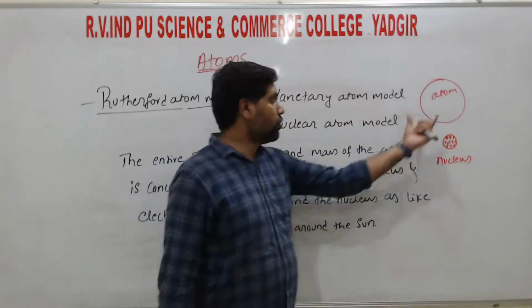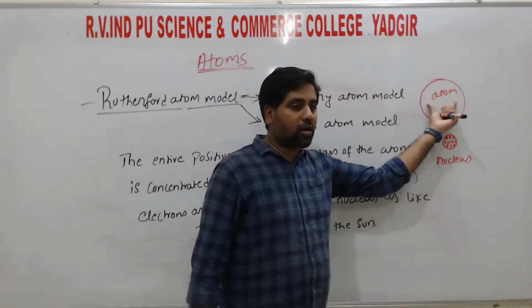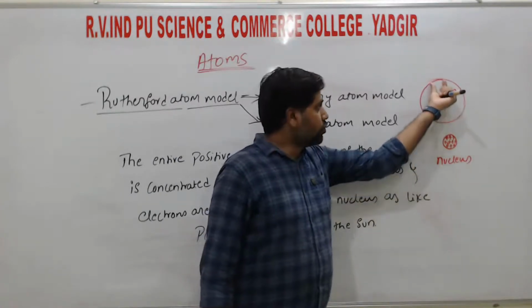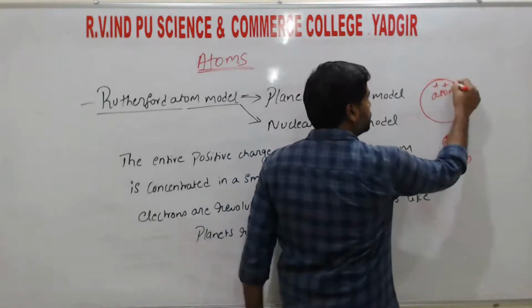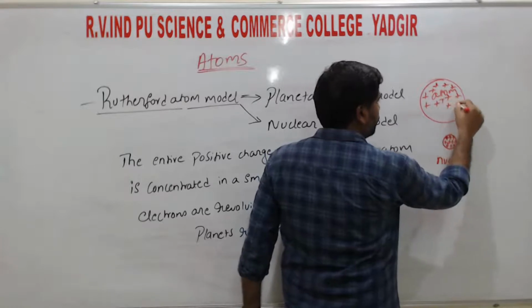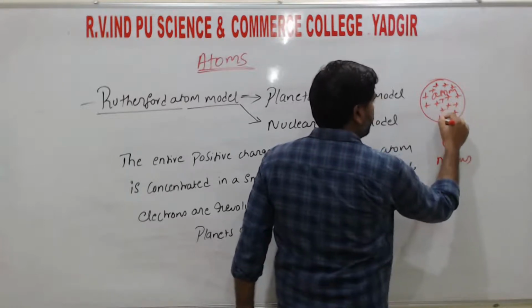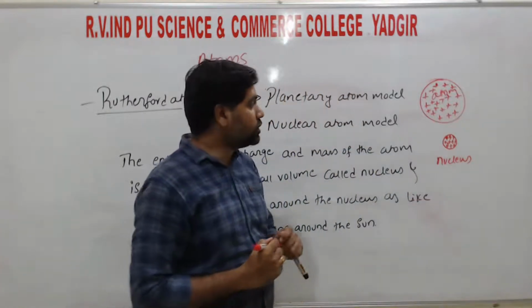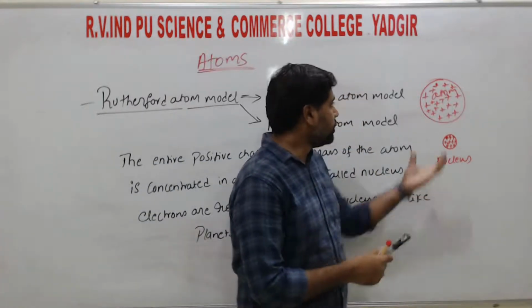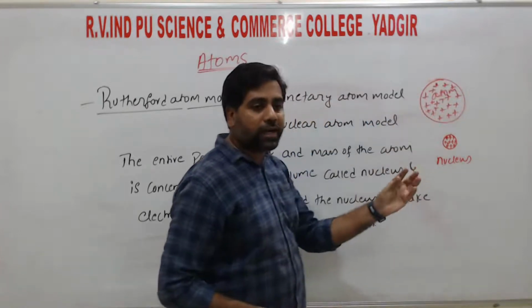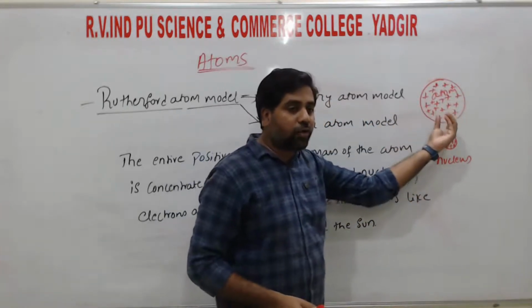Right? So this one is the atom. In this atom, here we have the positive charges like this. These positive charges and the mass of this atom are concentrated, that is, they are shrinking to a smaller value.